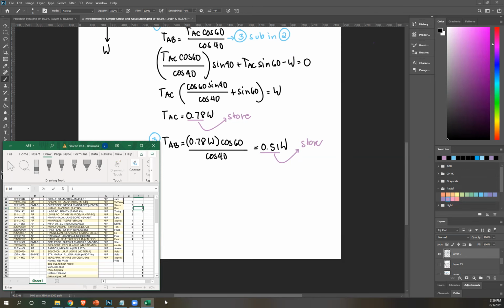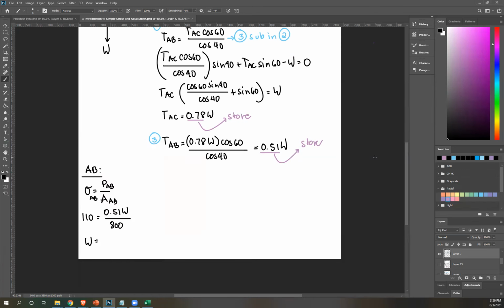It's 172,549.02 newtons, or 173 kilonewtons. Okay, or you can just write it this way as well.